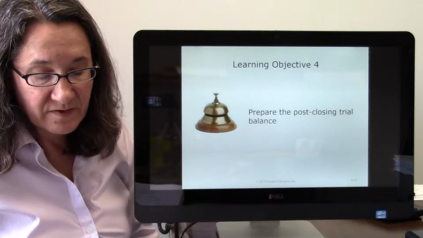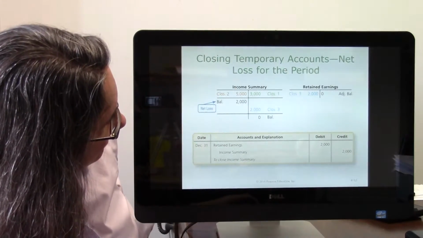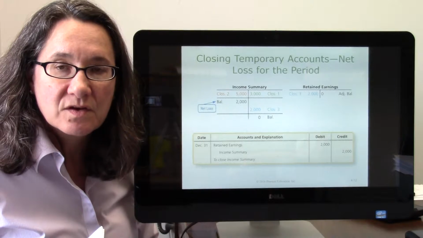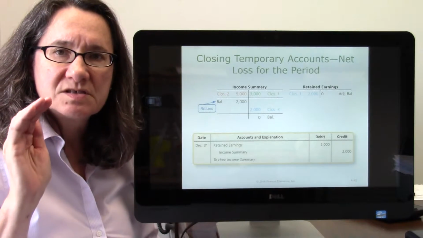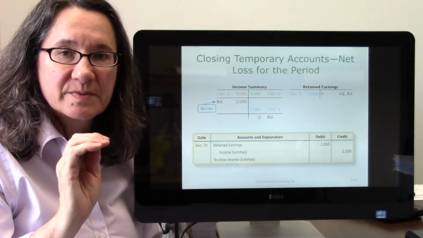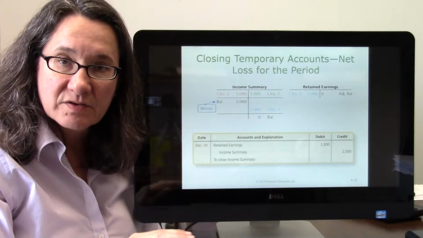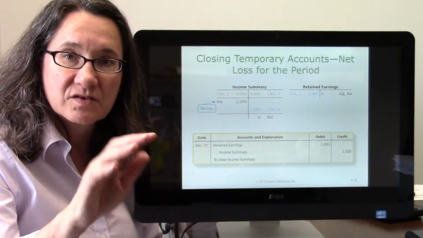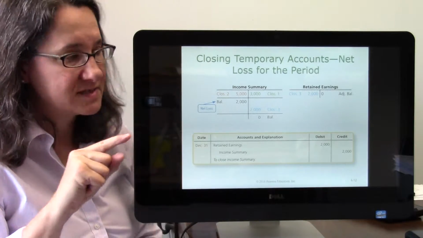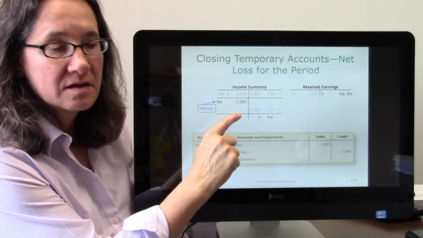All right, if the business had a net loss, oh, I'm sorry, go back a page. If the business had a net loss, it's still the same thing. You're still closing the accounts, right? You're still closing revenue to income summary and expenses to income summary to retained earnings, and dividends to retained earnings. You're still doing those 4 steps, but the difference is in income summary, right?